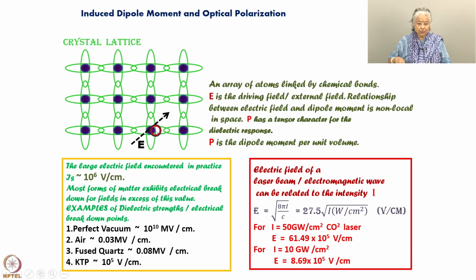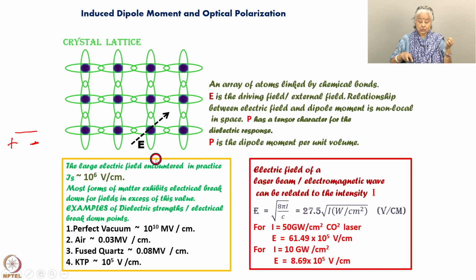So, there is a shift from the nucleus, and this negative charge is shifted out from its equilibrium position. It can easily be done with this electric field, and that induces a dipole moment. You have positive on one side and negative on the other. You have made this sort of a structure, you have induced the dipole moment, and per unit volume you will get capital P. Here P is the dipole moment per unit volume.